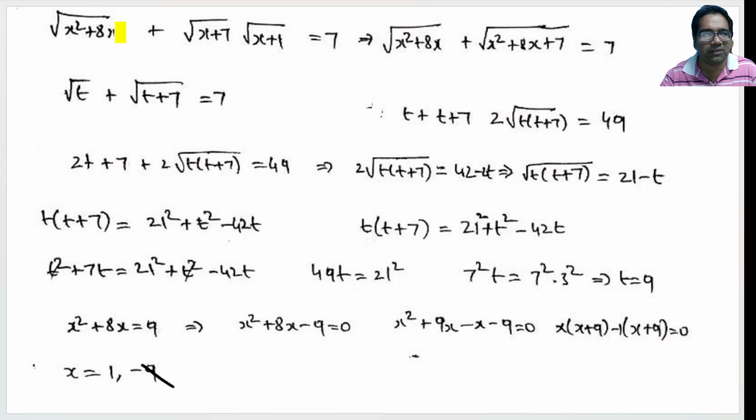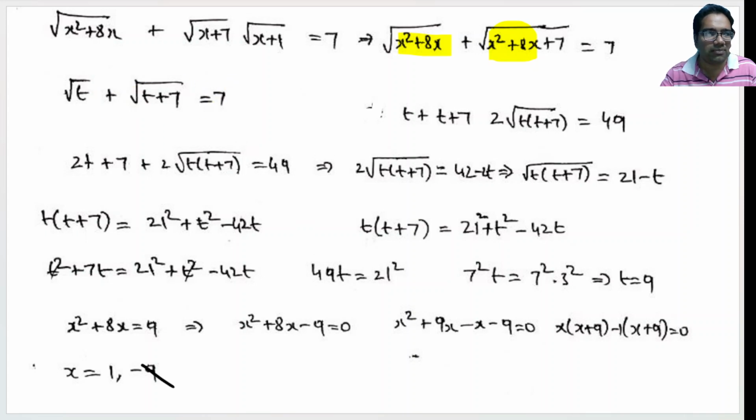Now this part is common, under root x square plus 8x. Let's call this t, just for easier calculation. Then this equation becomes under root t plus under root t plus 7 equals 7.